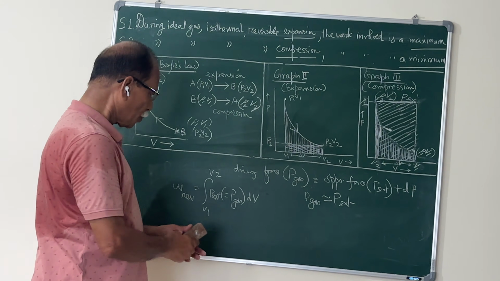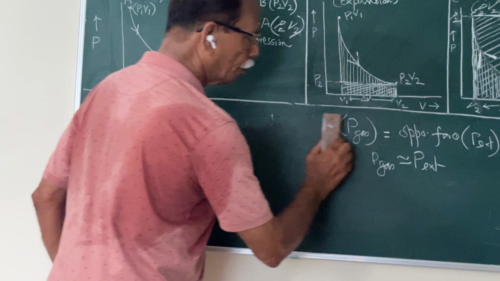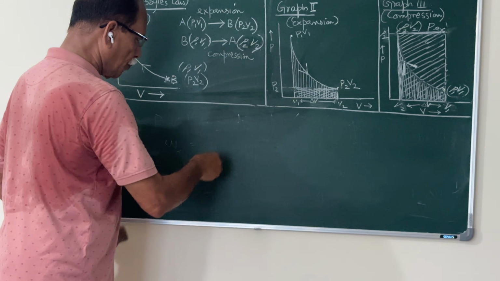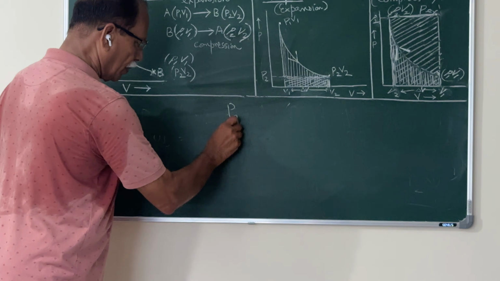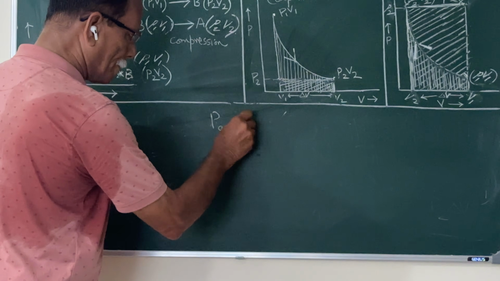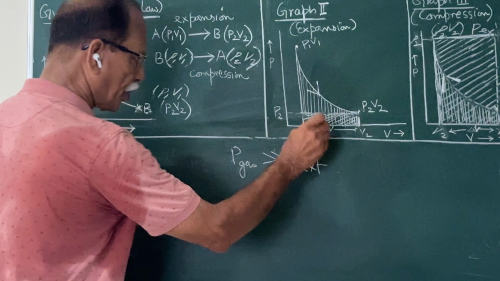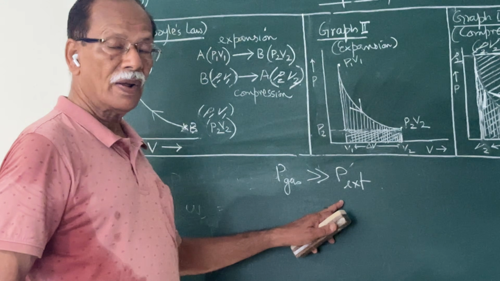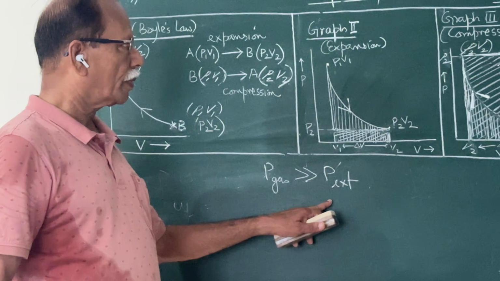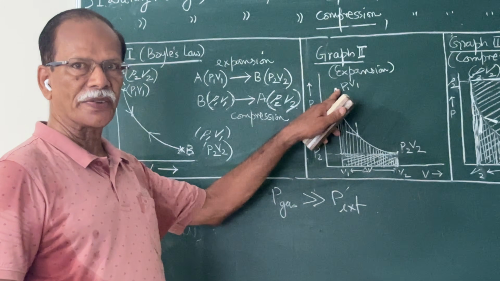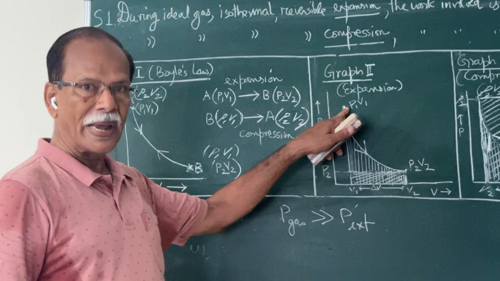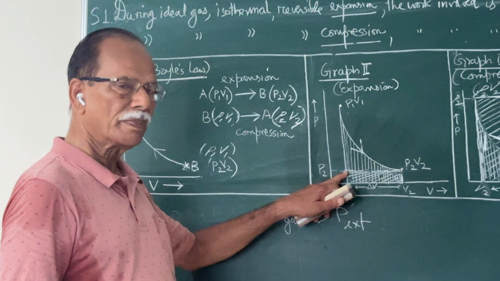For the irreversible expansion, the driving force is widely different from the opposing force, the external pressure. The external pressure is very, very small compared to the pressure of the gas at the start. It can be as small as P2.